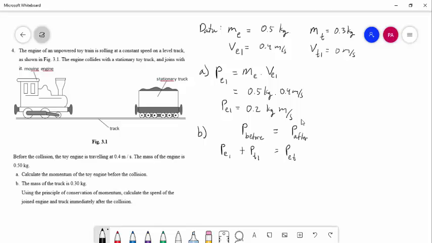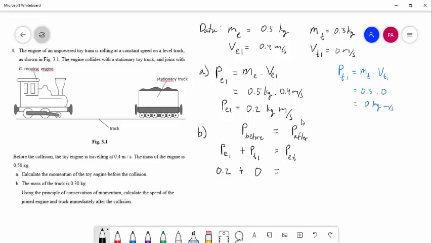So we already know the answer: 0.2, plus the momentum of the truck before collision. Before collision, the truck has zero momentum.